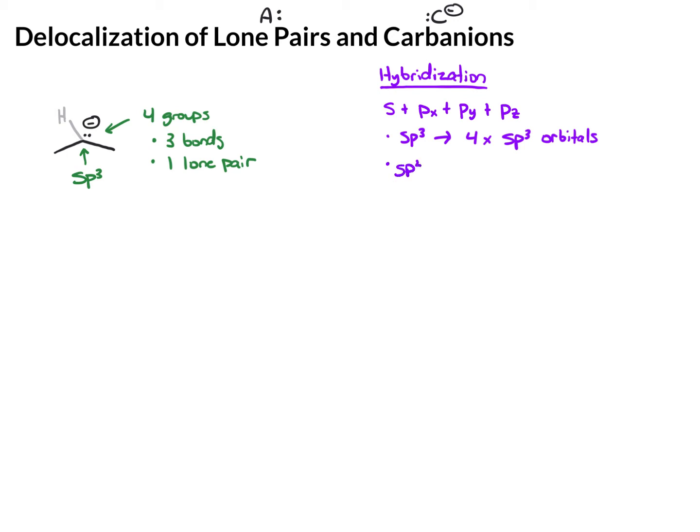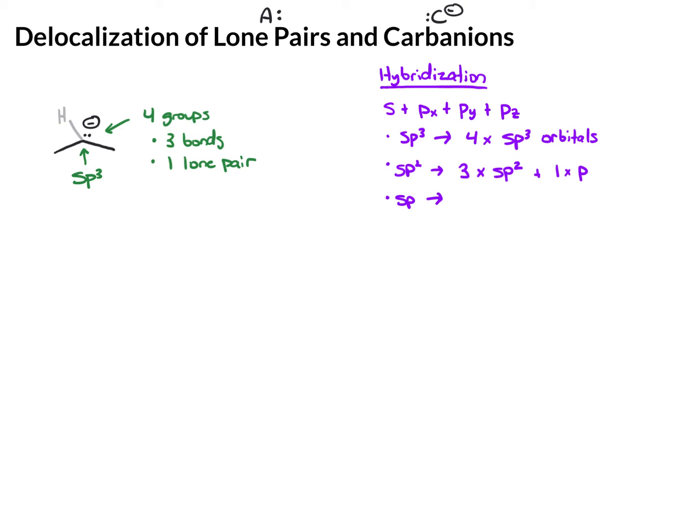So in an sp2 scheme, you get 3 sp2 orbitals plus the 1 p orbital that didn't go into hybridization. Right, finally, the sp scheme.